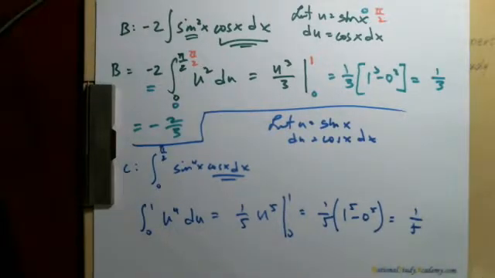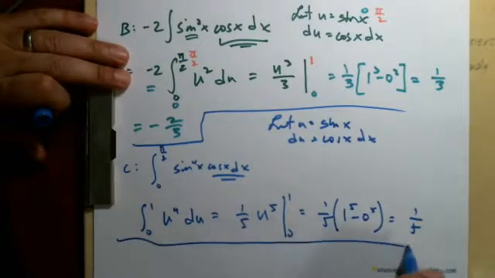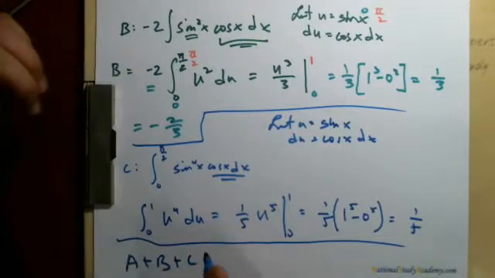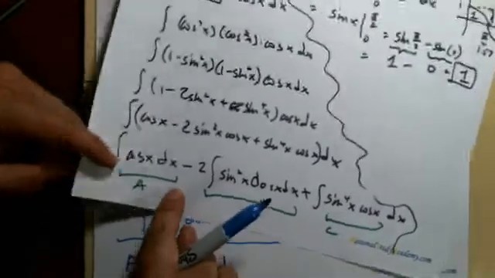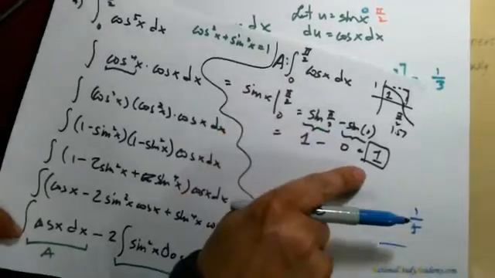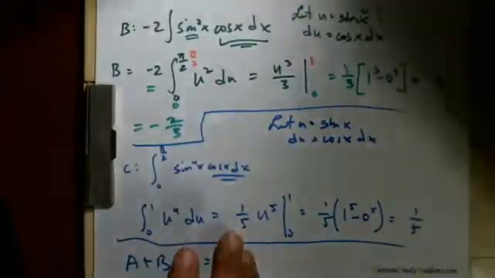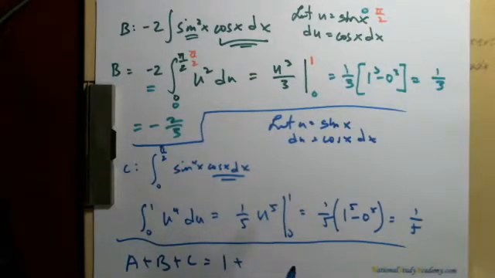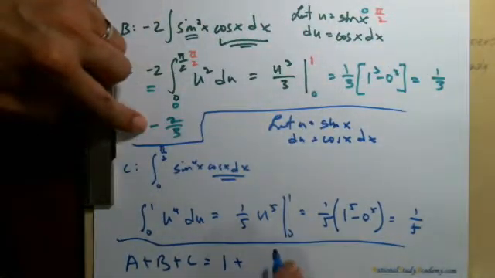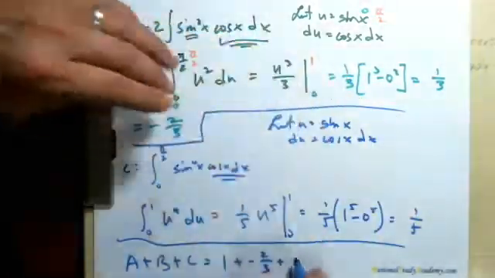Let's finish this up. We're going to do now a plus b plus c. That's our integration. Our a value, if I remember correctly, was 1. Okay, and then our b value is negative 2/3, minus 2/3, plus 1/5.